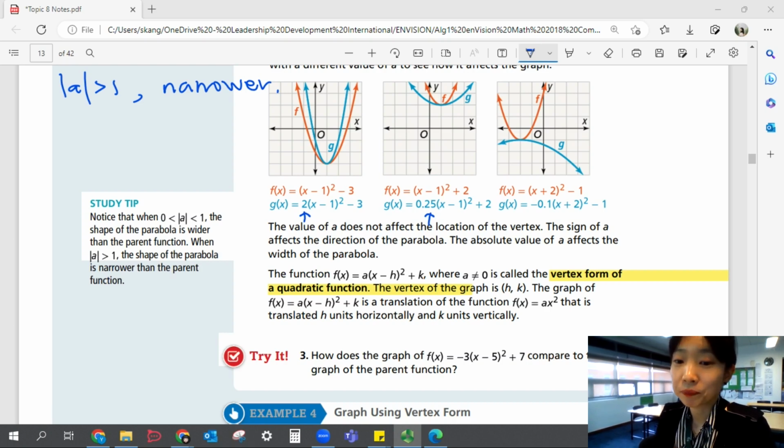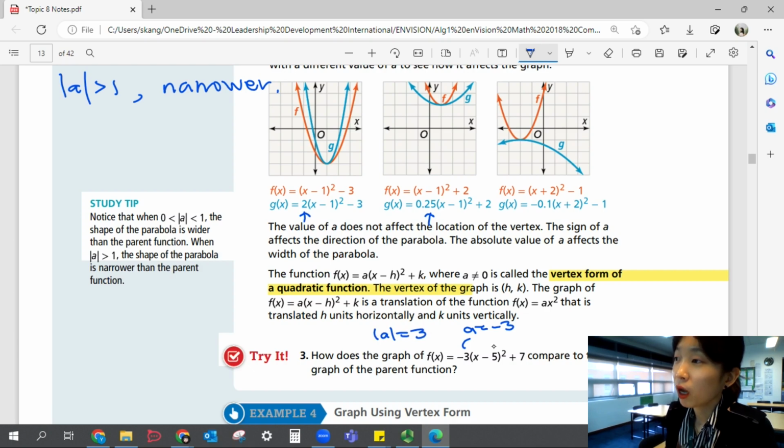Okay, are you ready? So what are the parts? We have A is equal to -3, so the absolute value of A is 3, right? And then H is x minus 5, so H is just +5. Remember that. K is +7, okay? So using this information, you're going to describe.